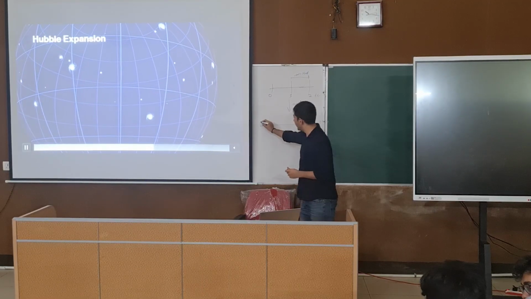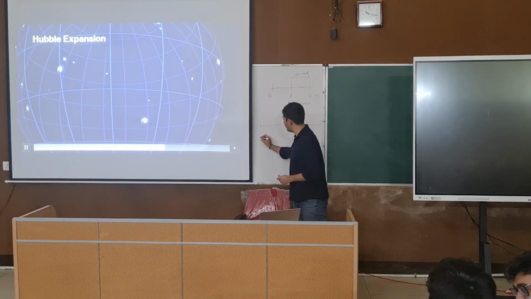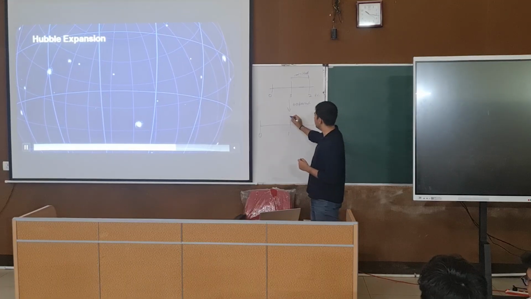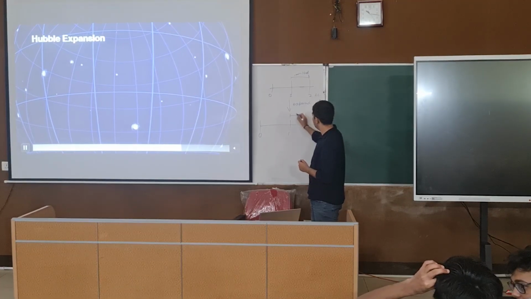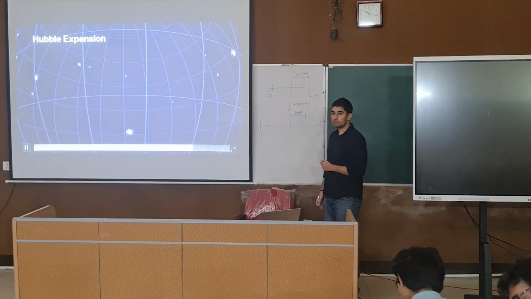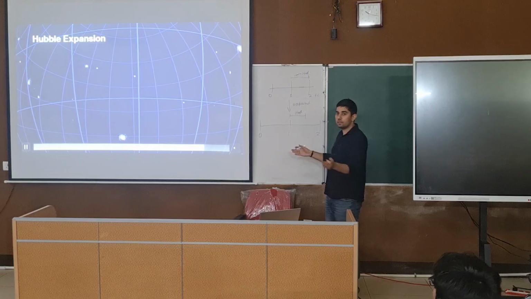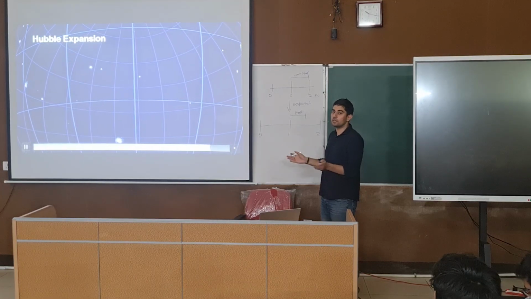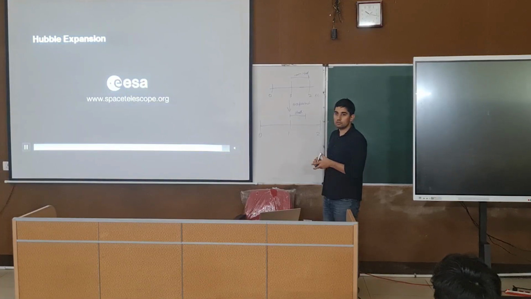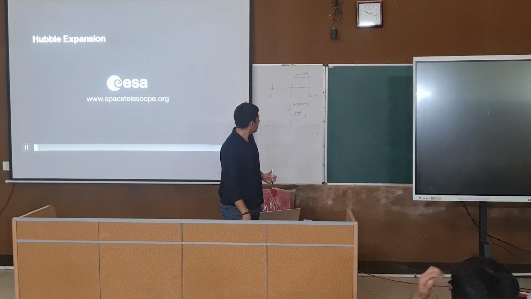The grid itself became larger. Coordinates remain the same, 0, 1, 2, but the definition of a foot is still the same. So the distance between the coordinates grew. The length scale of the coordinate system grew. The unit is the same, because that is independent of this expansion.